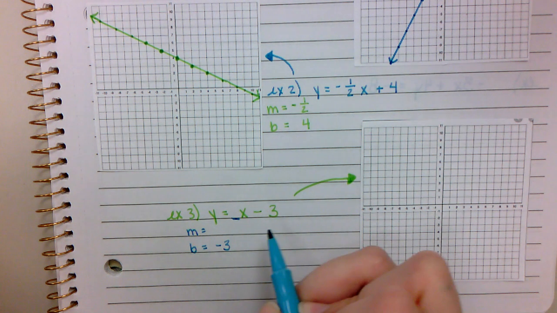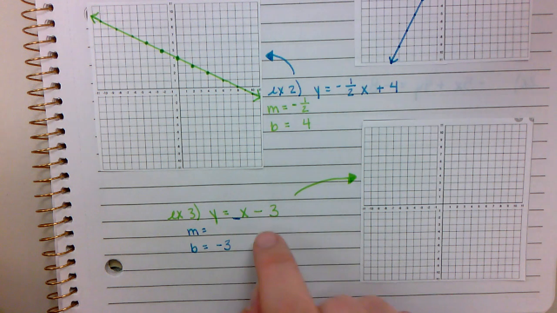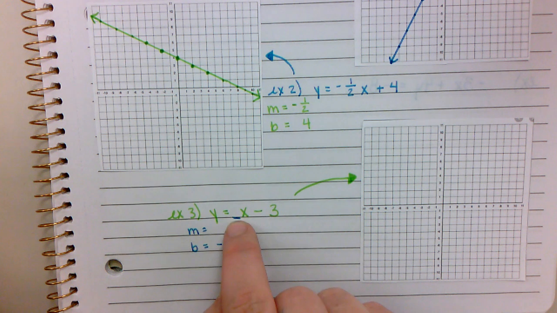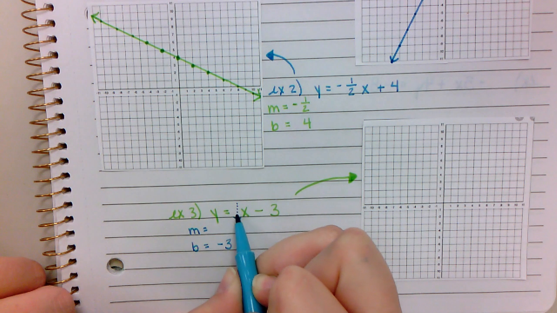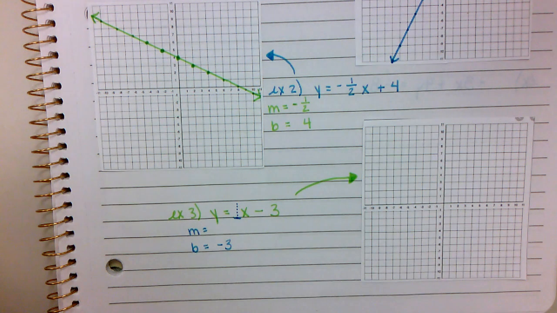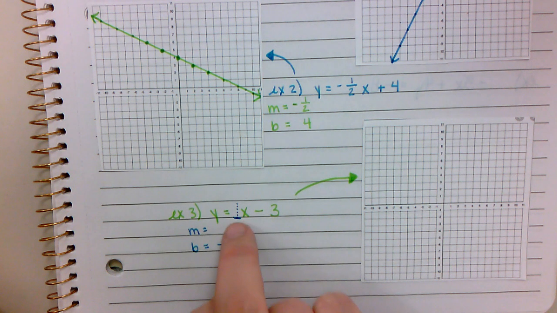And so that can't be, because that would make this x completely disappear. So the imaginary number that we can't see but we know is there is 1, right? Because 1 times whatever this x may be won't change this x at all. This x can still be here. So if there's not a number in front of your x, your slope is 1.